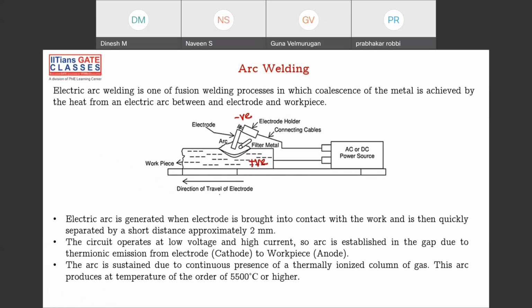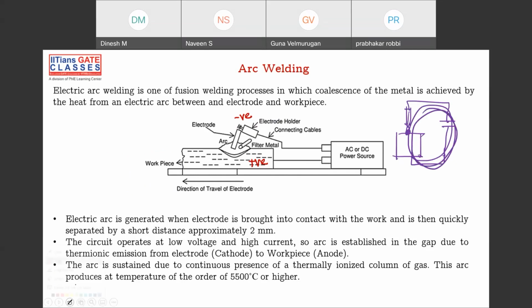I'll tell you about reverse polarity and normal polarity, all these things. So whenever you have this workpiece and this electrode, and you touch it, you are closing the circuit and electricity is passed.